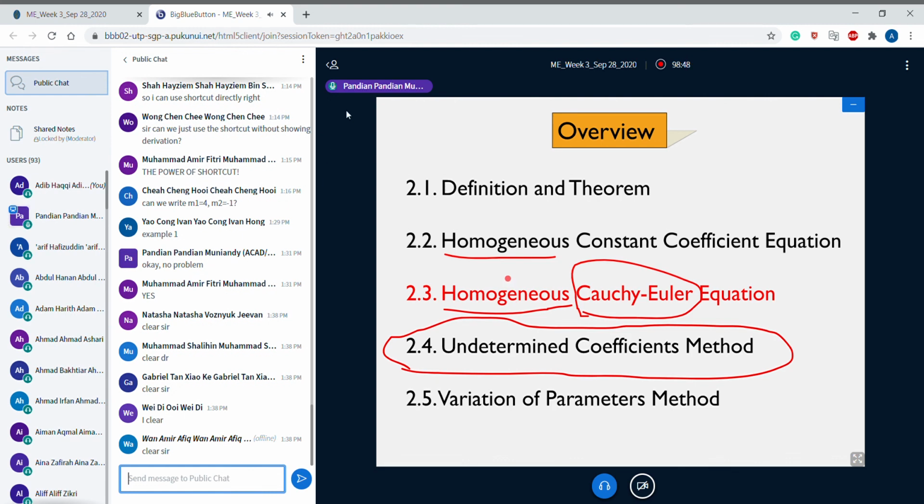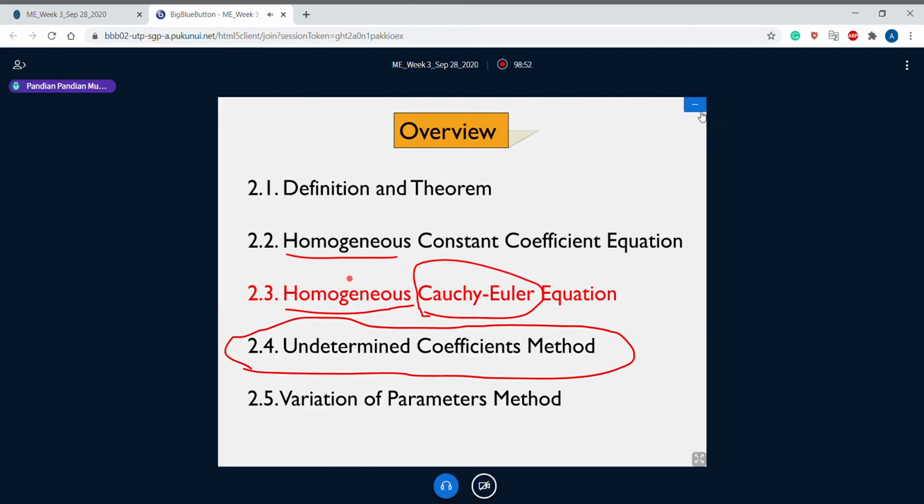Because non-homogeneous means g(x) is not 0, we cannot use the method that you studied today, which is for the homogeneous part. You start with y equals e to the power mx for the constant coefficient, and for the Euler, you start with y equals x power m.